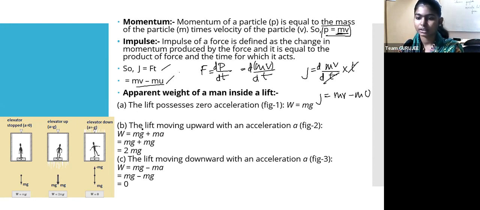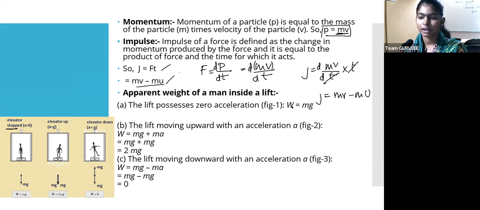So now for this, we can have three conditions in a lift. One, stationary, and another, the lift having some acceleration. So the first case is the lift possesses zero acceleration, that means it won't move at all. Being stationary, the elevator is stopped. In that case, you see this picture here. The acceleration of your lift is zero.